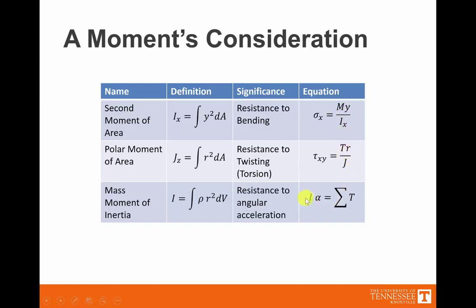Also, the larger I is in this bottom one, the more resistance an element or a part has to torques and to being accelerated. So this I would also be in the denominator. So this is a resistance to angular acceleration.